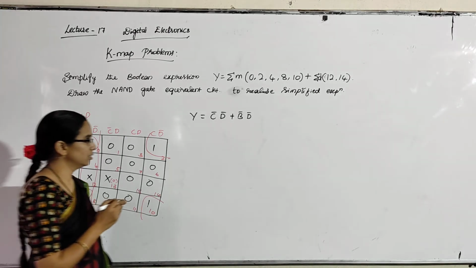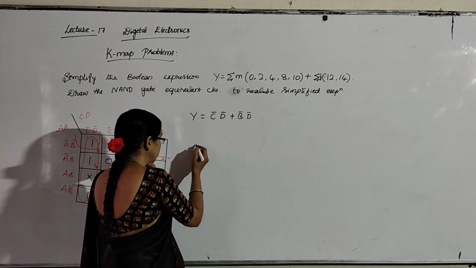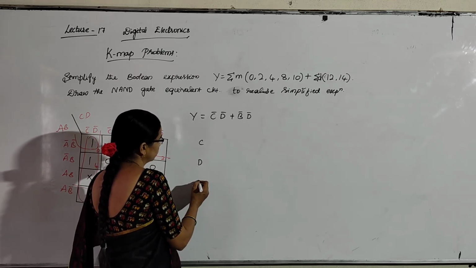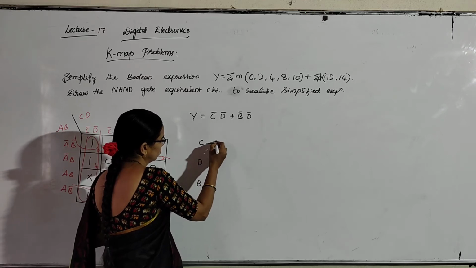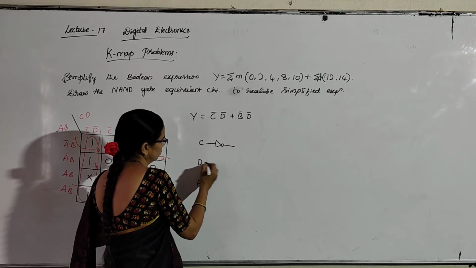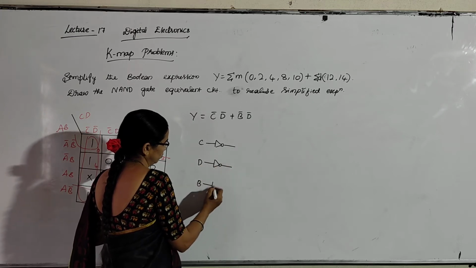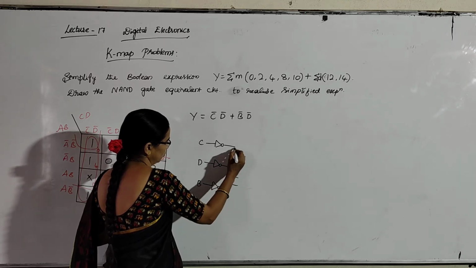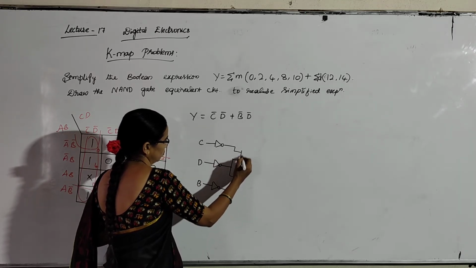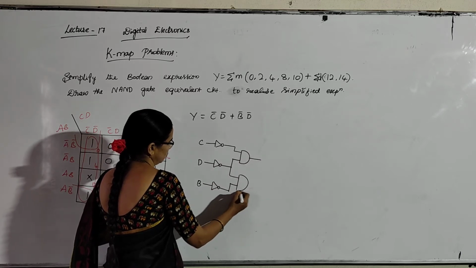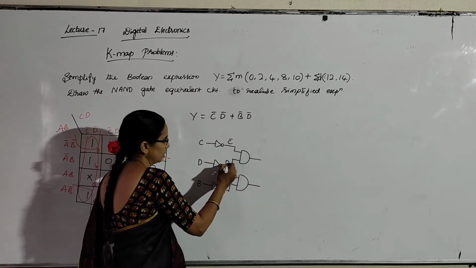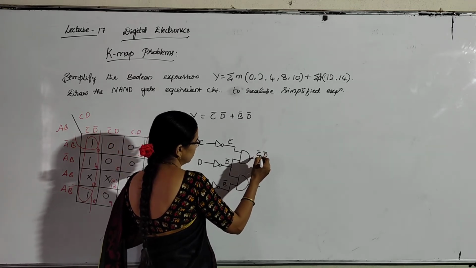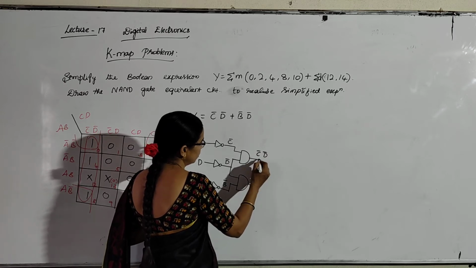Okay, we will draw the basic gate circuit. Here it is C bar D bar, and B bar D bar.